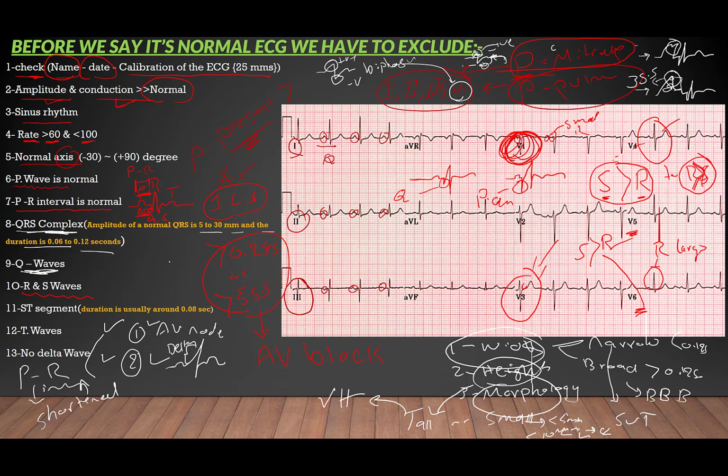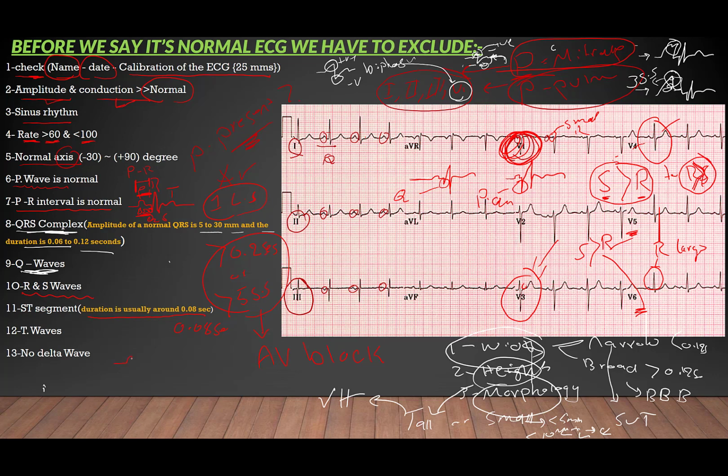So here we have the ST segment. The duration of the ST segment is usually around 0.08 second. It is the part of the ECG between the end of the S wave and the start of the T wave.